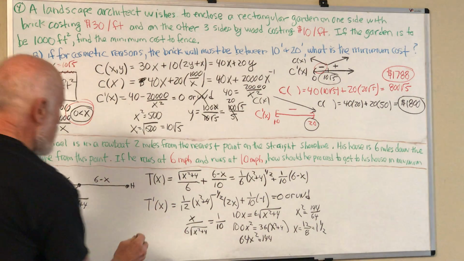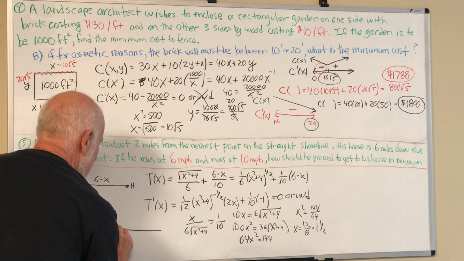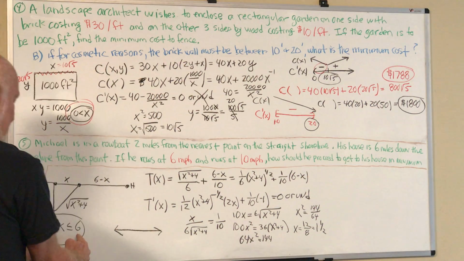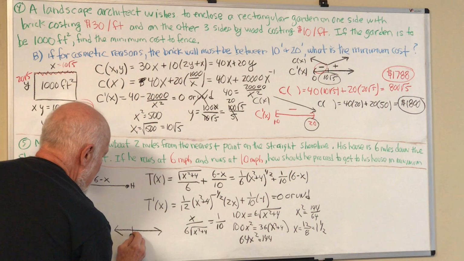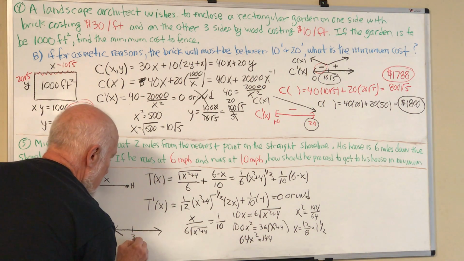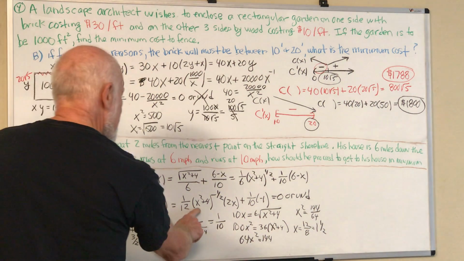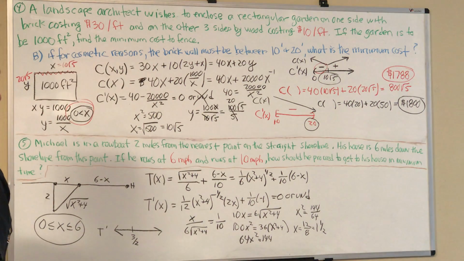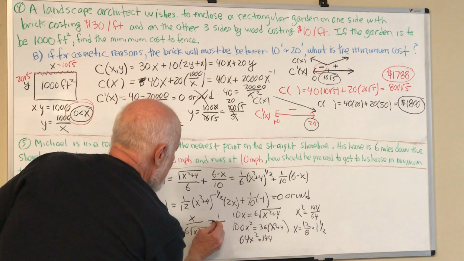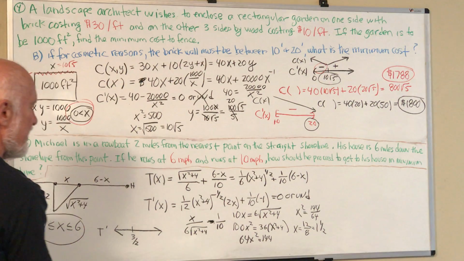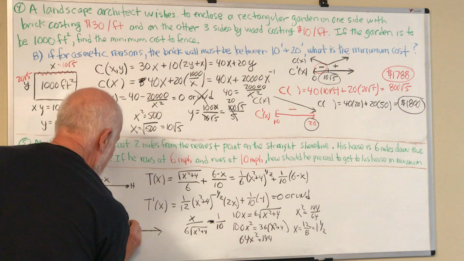And the last thing we have to do to make sure we're not maximizing the time is put that on the number line. And you can either put 0 to 6 or you can put the whole real number line. And if I put 1.5 right here, and put that into my derivative right here, I can see when I get a really small value of x, like 0, I get 0 minus 1/10 would be negative.